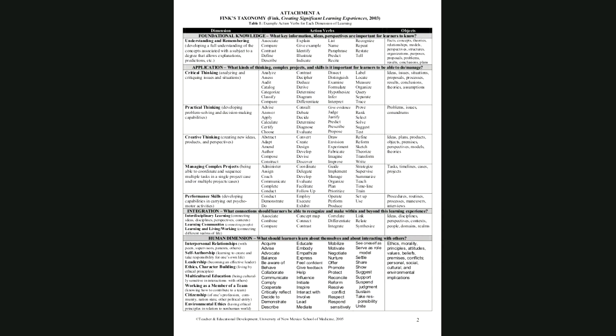I'm going to pause. As I pause, I'm going to put the link for Bloom's taxonomy in the chat box, so you'll see some of the verbs that Bloom suggests. Just as I pause, you can put any comments or questions in the chat box while I get that taxonomy for you all.